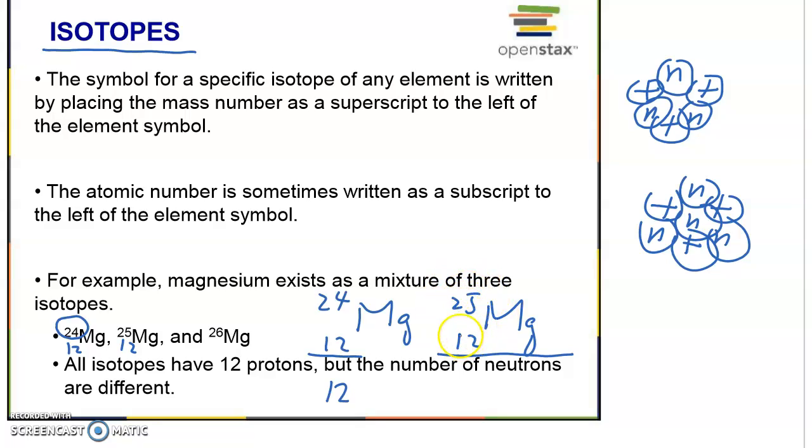The mass number minus the number of protons is equal to the number of neutrons. And over here, there are 13. So these are called isotopes because they have the same number of protons, but different numbers of neutrons. Okay, so magnesium, we can find isotopes.